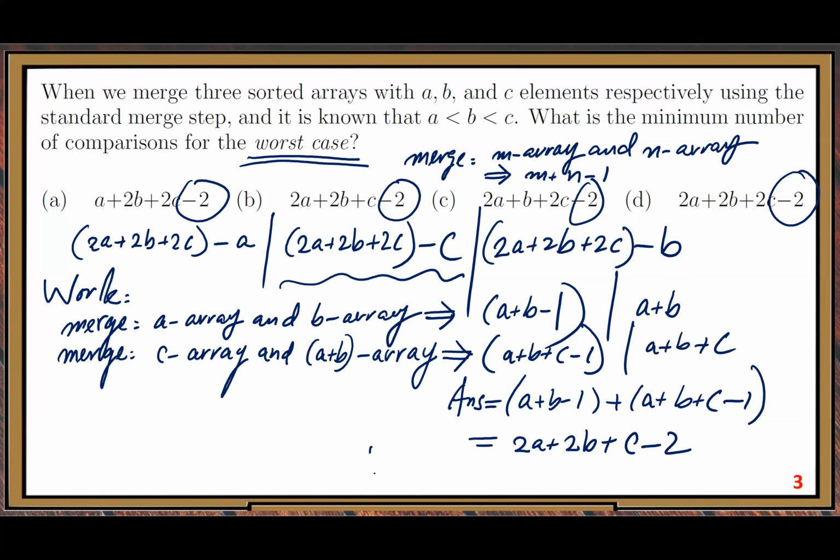You can see we make it. In this way, we make it. So that's the answer. That's the smallest option, and we can make it.